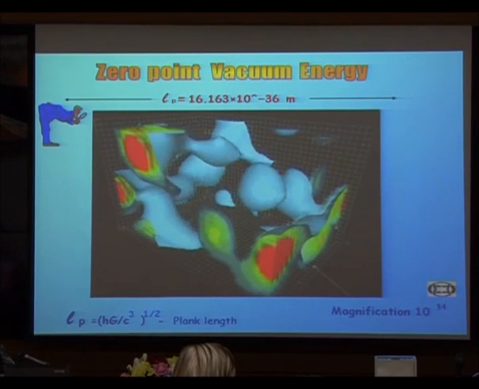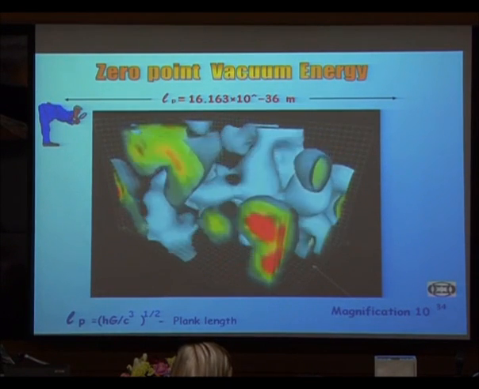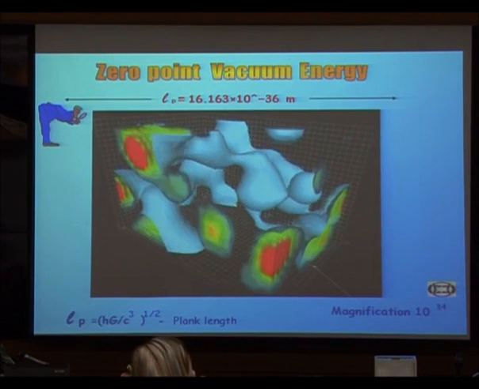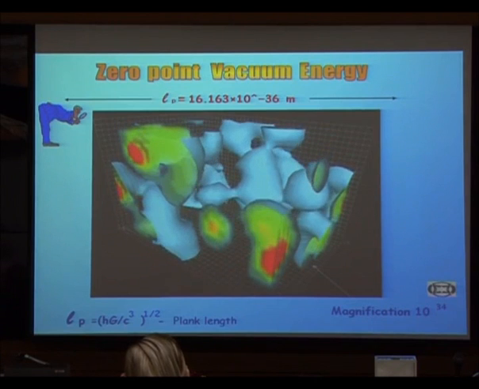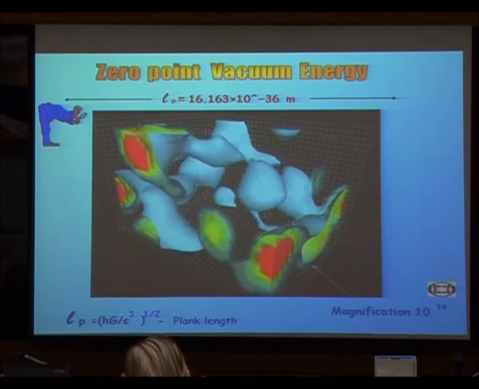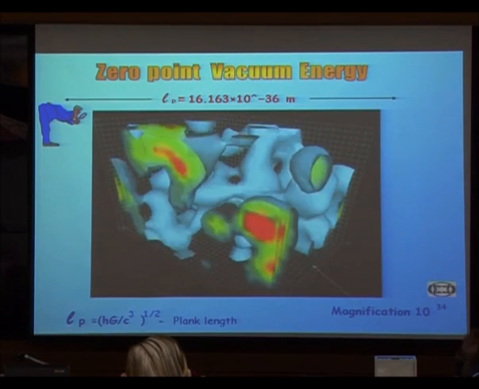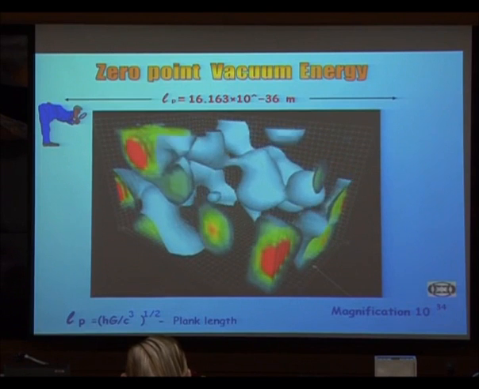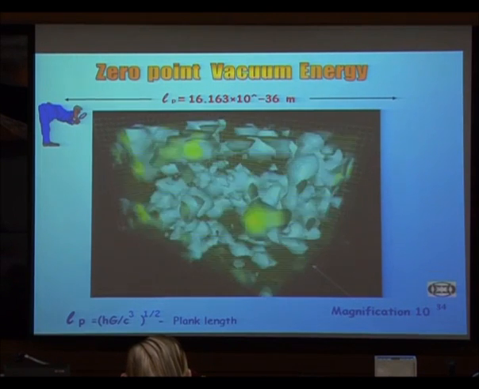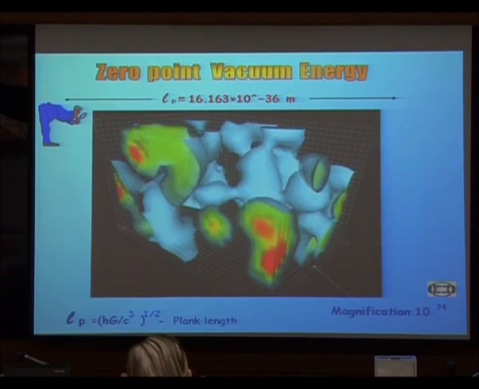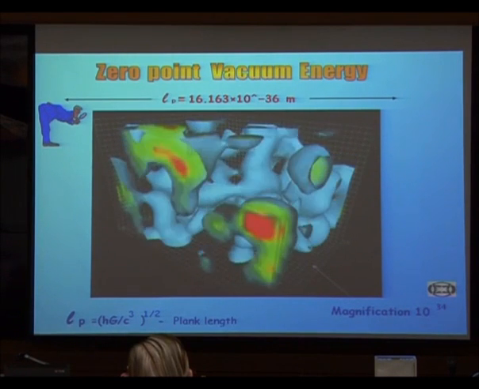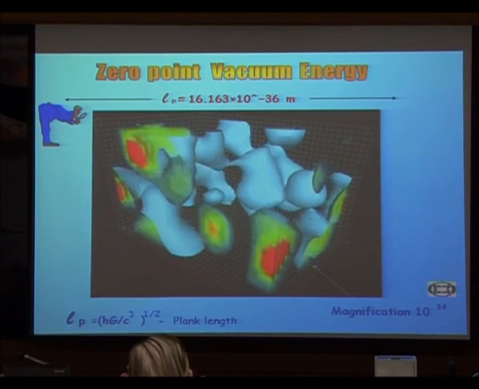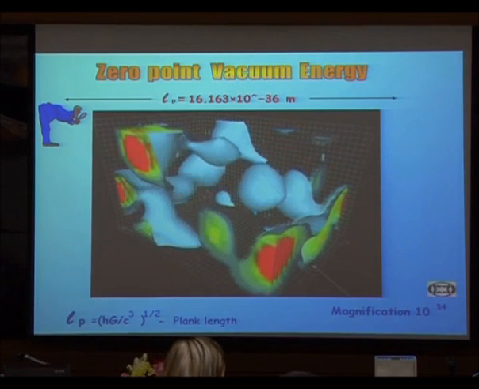If we have a magnification of 10 to the power of 34, we will see such a picture. This is a fluctuation, a vacuum fluctuation. The aim is how to use this energy.